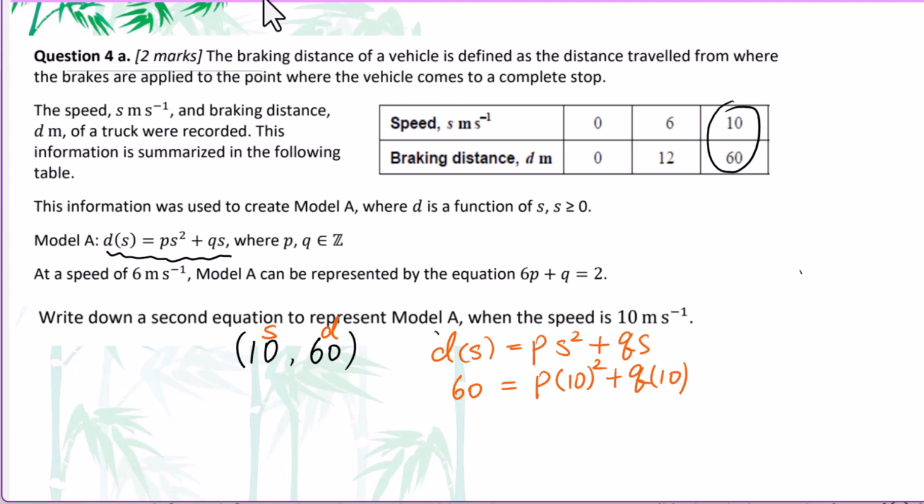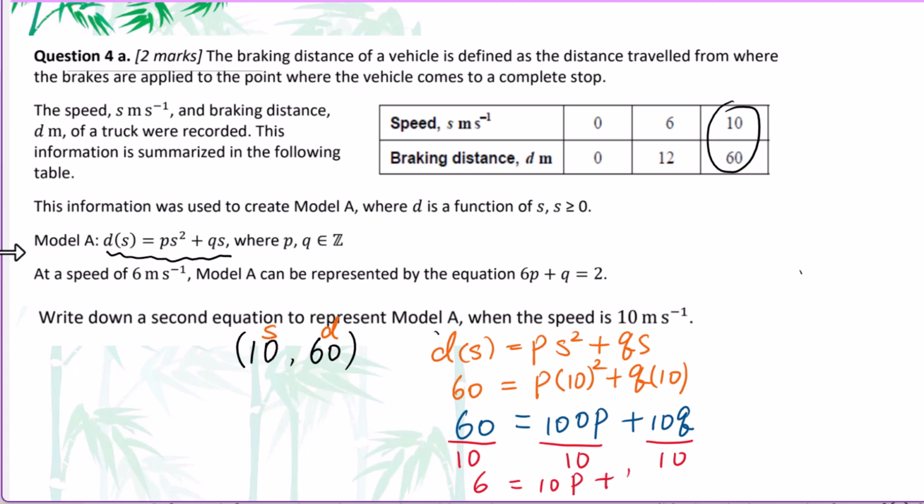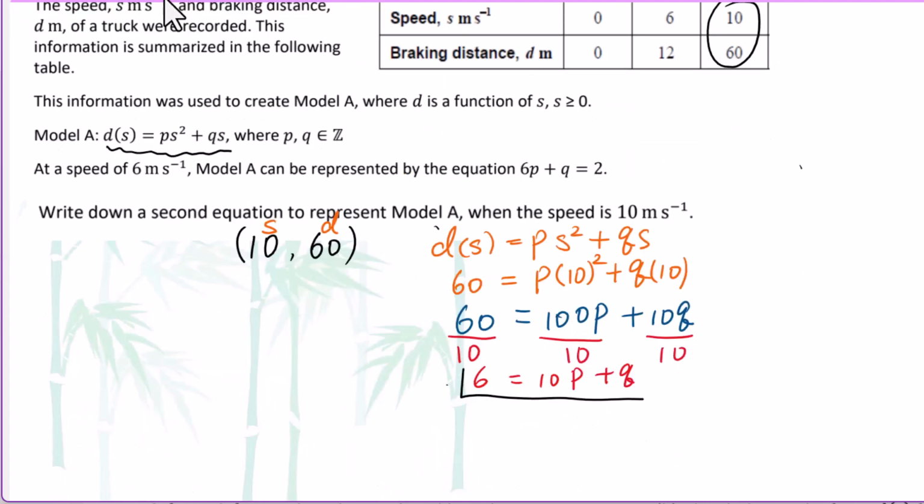Simplify: 60 equals 100p plus 10q. Common factor is 10, divide both sides by 10. We get 6 equals 10p plus q. This is the solution to question A.